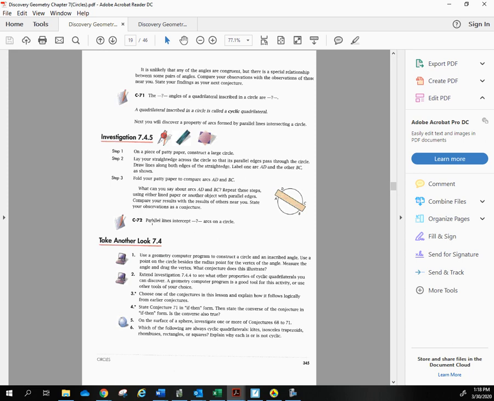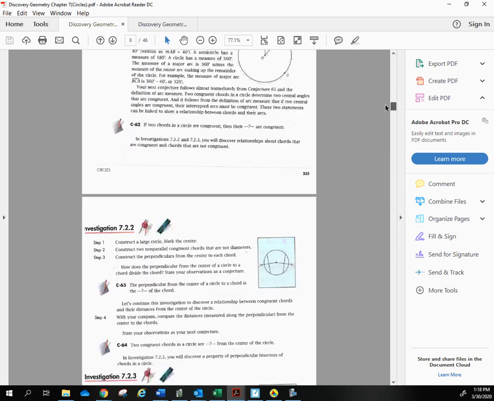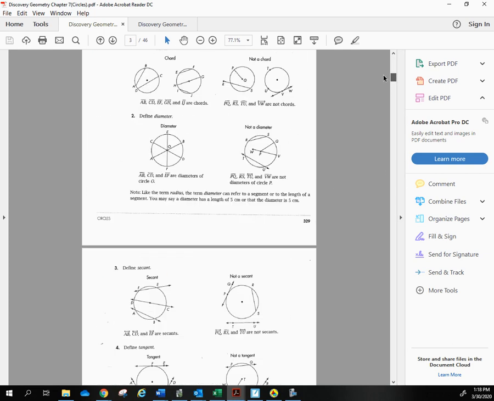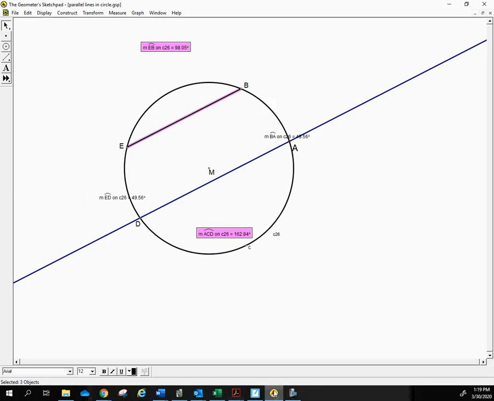So here you now have conjecture 72, through, if you go clear back to the beginning, which is 61, we have 11 conjectures you can put in there about circles. So this will be the last thing that we'll do here in the textbook.